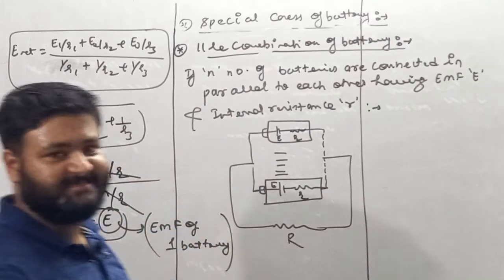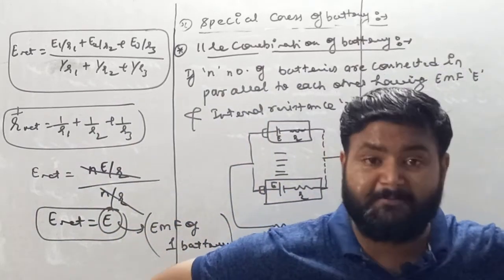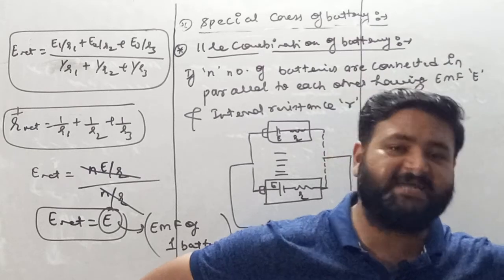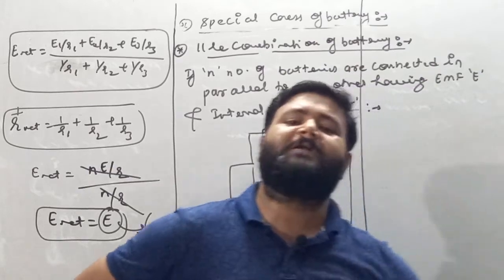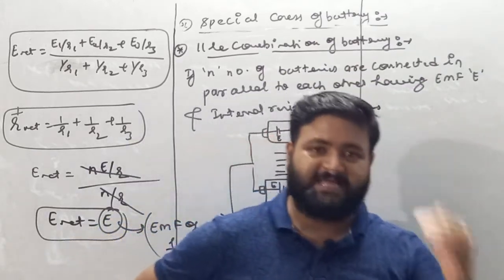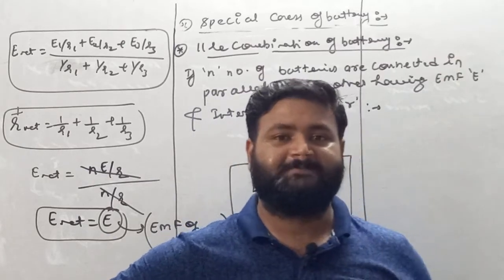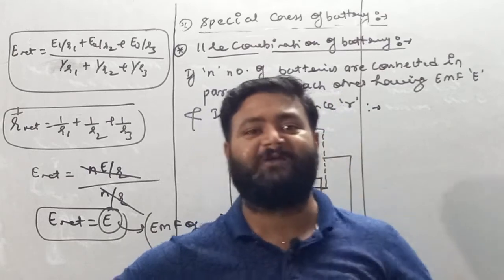What does this imply? This implies that if you are connecting n number of batteries having the same EMF and the same internal resistance in parallel, you will get net EMF equal to the EMF of one battery.